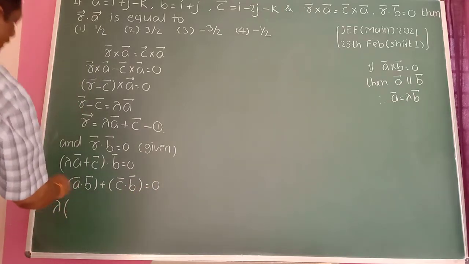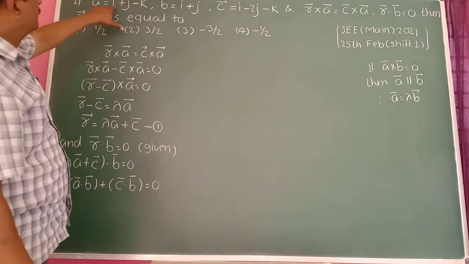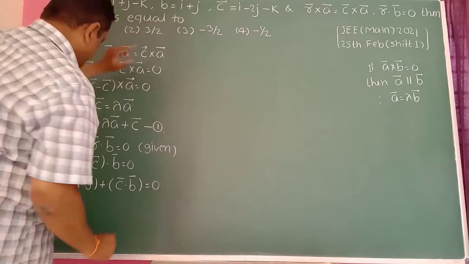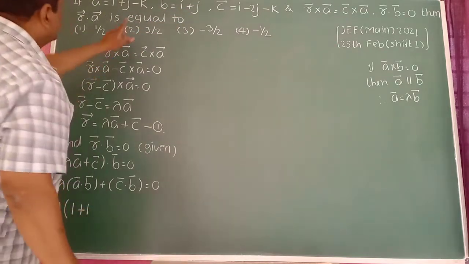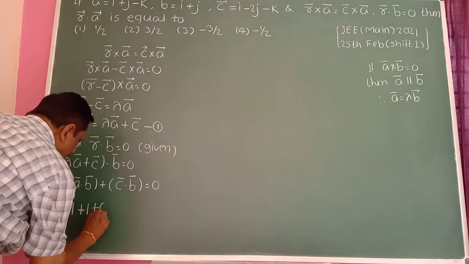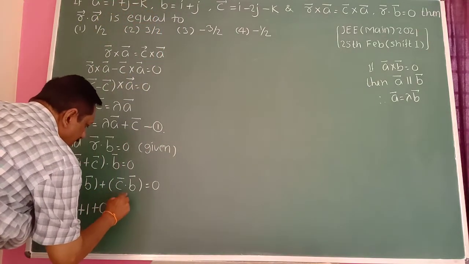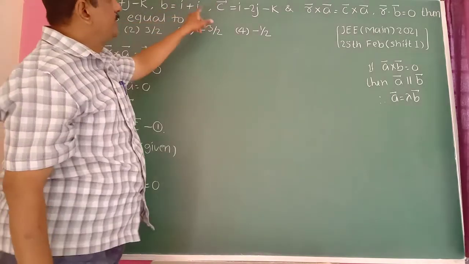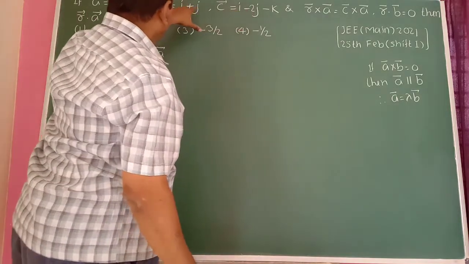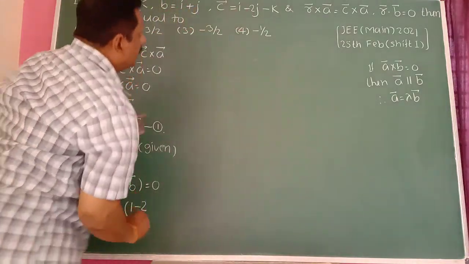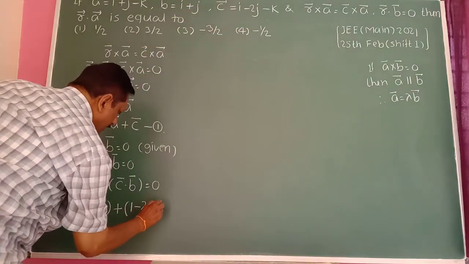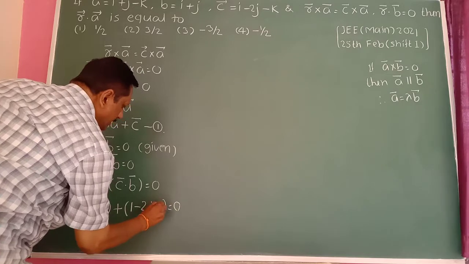Therefore, lambda into a bar dot b bar, it's a dot product. 1 into 1 becomes 1 here. Then 1 into 1 becomes 1 plus 1, and 1 minus 1 into, there is no k term here, so it becomes a 0. So plus 0. Then plus c bar dot b bar, it's a dot product here. 1 into 1 becomes 1, so right here 1, and minus 2 into 1 is minus 2 here, and minus 1 into, there is no k term here, so it becomes a 0, that is equal to 0.